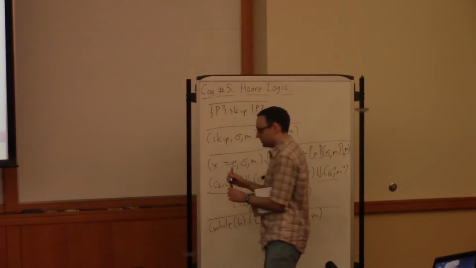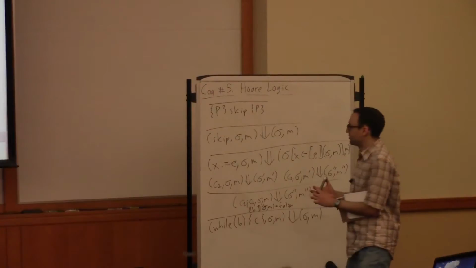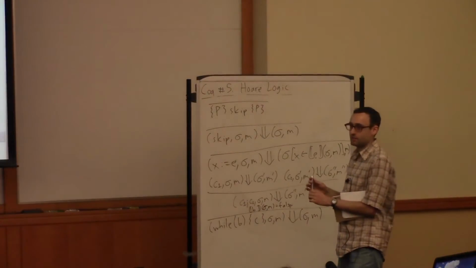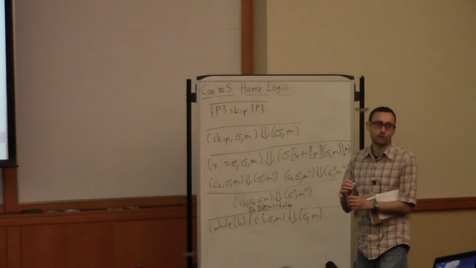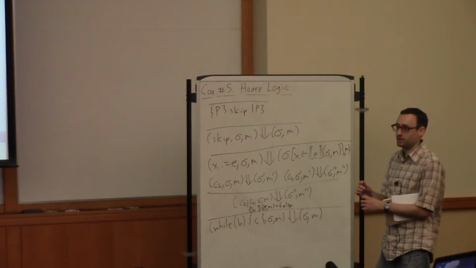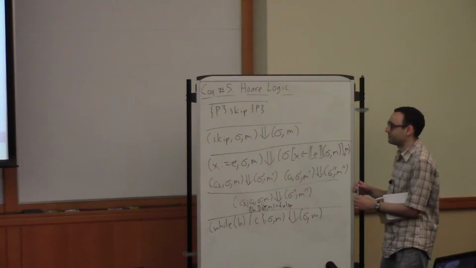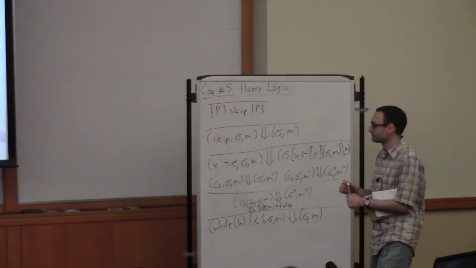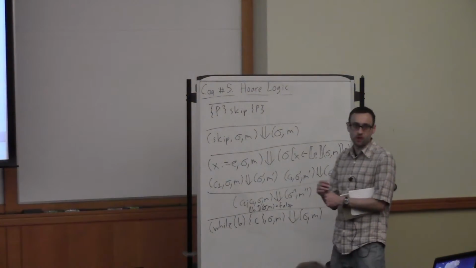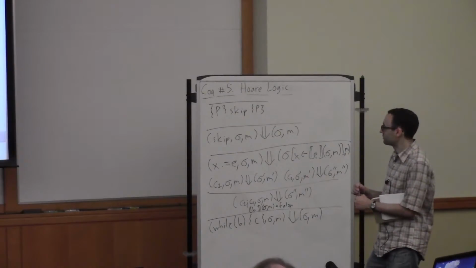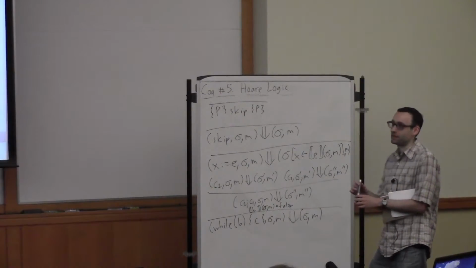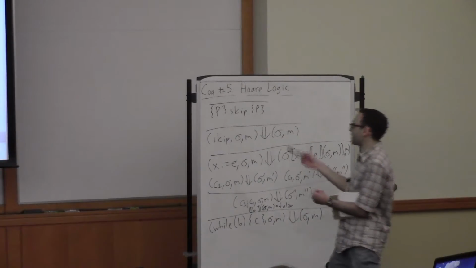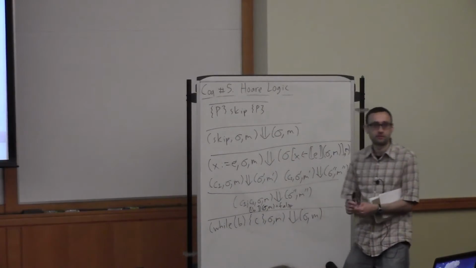This rule says the program skip is correct according to any precondition as long as the postcondition you ask for is the same as the precondition. In other words, since skip doesn't do anything to change the state, anything that was true before it runs is also true afterward. And you can't go wrong running skip because it doesn't do anything, so we don't have any constraints on what is this thing that might be true beforehand.